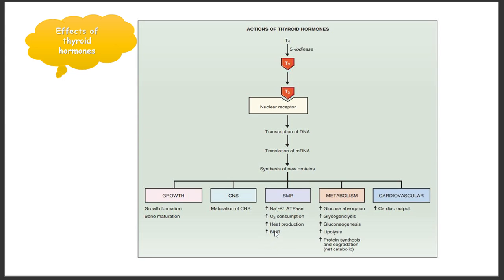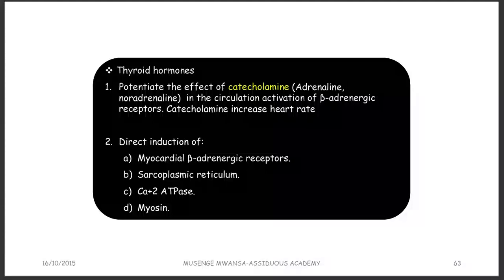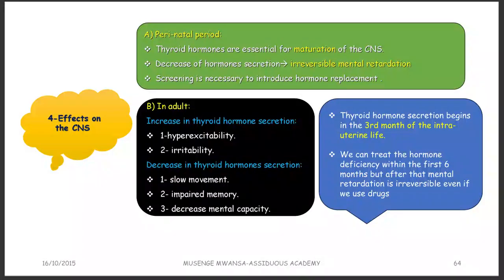In metabolism, it increases glucose absorption, the breakdown of glycogen, the making of glucose, the breakdown of lipids, and the synthesis of proteins. Basically, things that have to do with using more of your carbohydrates. On the cardiovascular system, it increases the cardiac output, more blood going out of the heart. So this is just explaining the different functions that we have talked about.